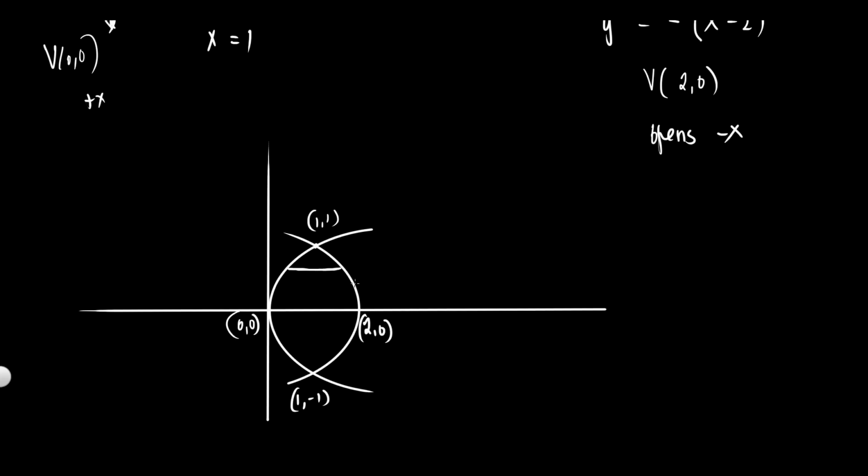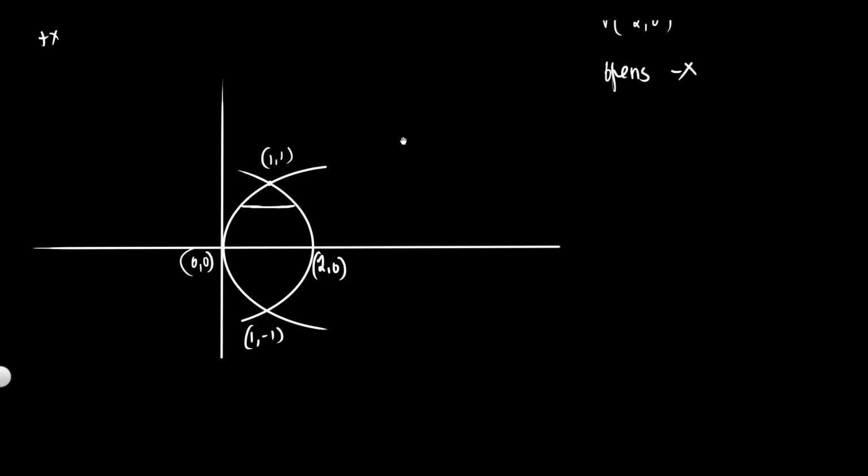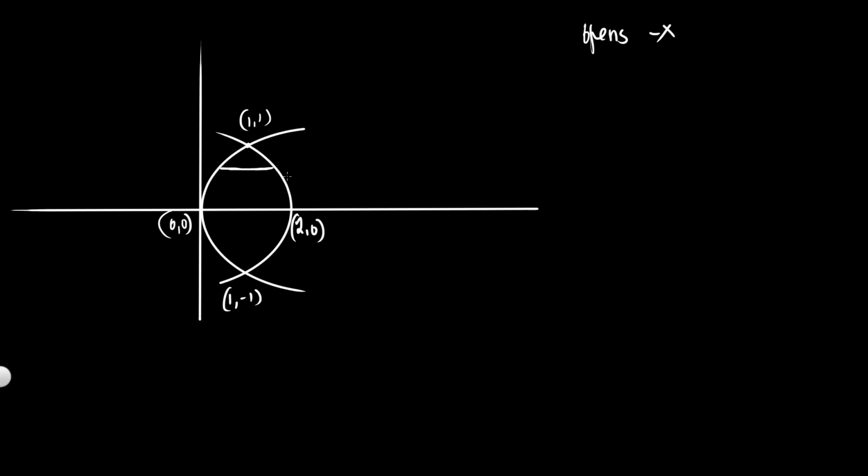Since it is dy, we look at y. So negative 1 to 1. Of course, this is dy. So for the area, what we need is x right and x left.